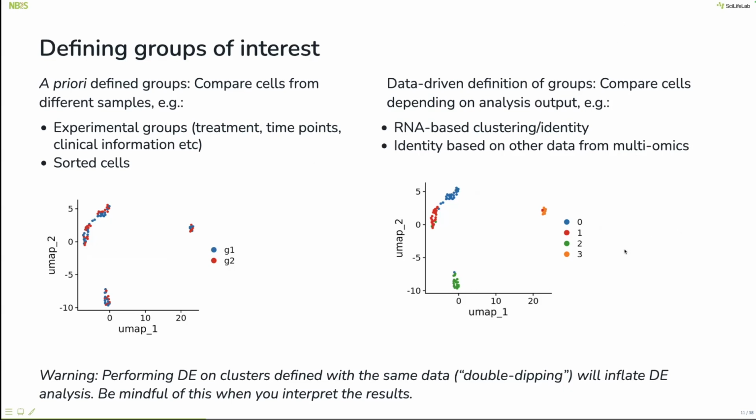Could you please explain the concept of double dipping? Because I don't understand what you mean by the same data. Yeah, so if you do the clustering on the RNA, and then you perform the differential expression on the RNA, you need to remember what you're comparing. We tend to see it as, okay, well, we see that these are T cells in this cluster and these are B cells in this cluster.